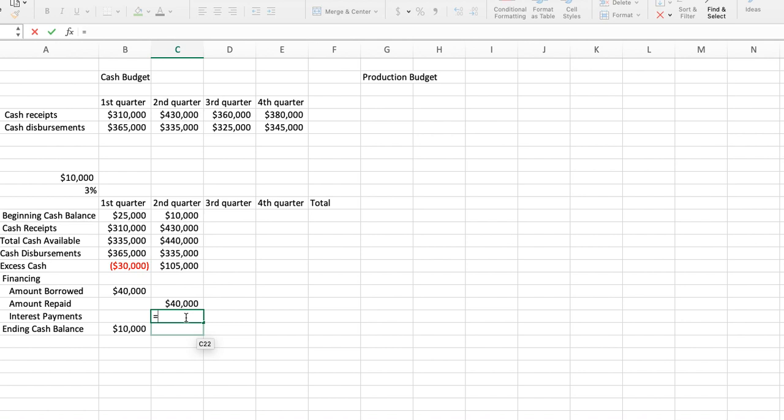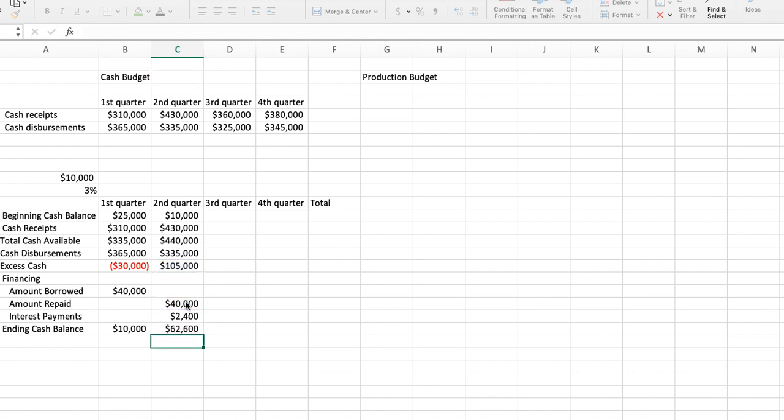So I can see in the first quarter I'm going to need $40,000, and at the end of the second quarter I'm going to have $40,000 to pay back. So it's $40,000 times 3%, because it's 3% per quarter, times 2, because you borrowed it at the beginning of the first and paid it back at the end of the second. That's why it's set up that way.